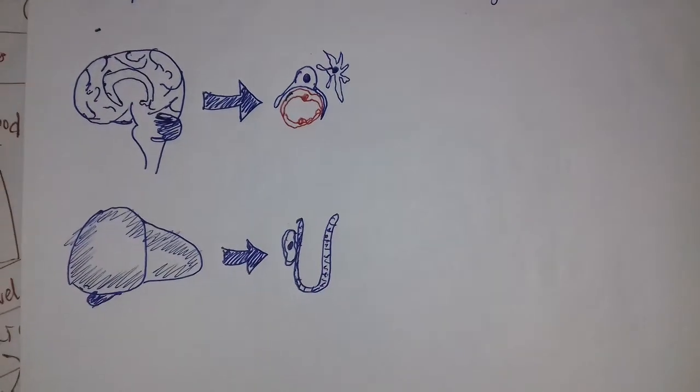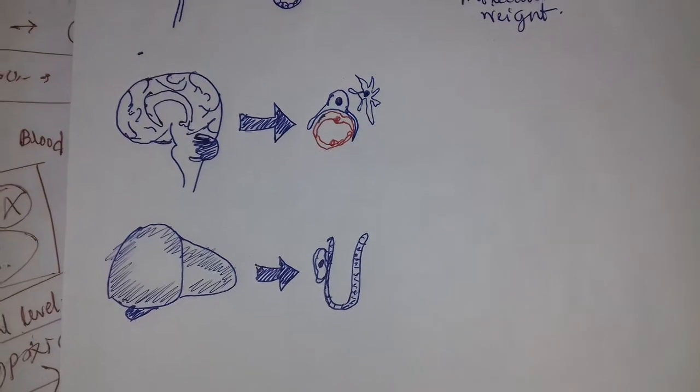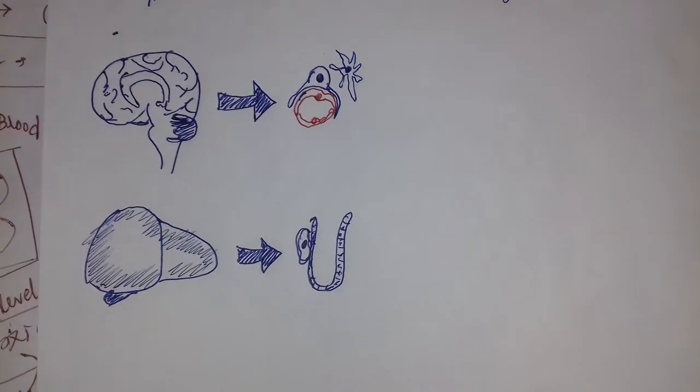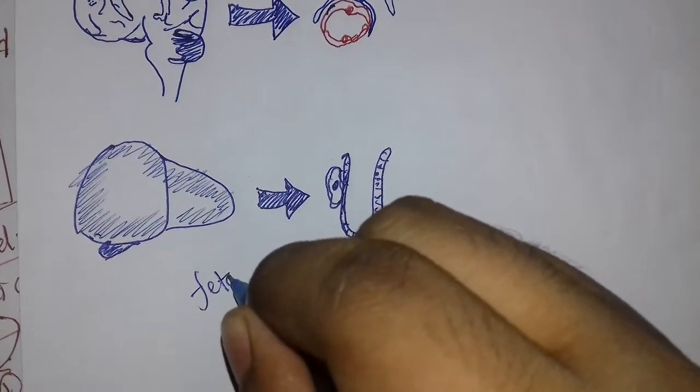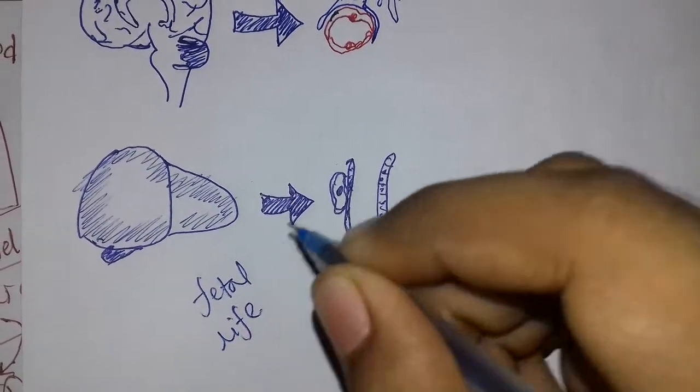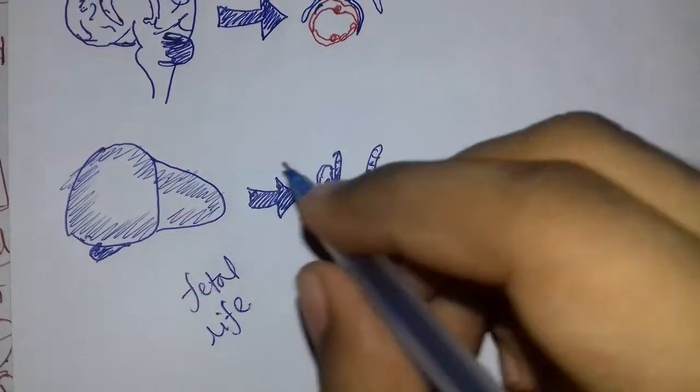This erythropoietin mainly gets secreted from three sources in the human body. In the fetal life, it is predominantly secreted from the liver.